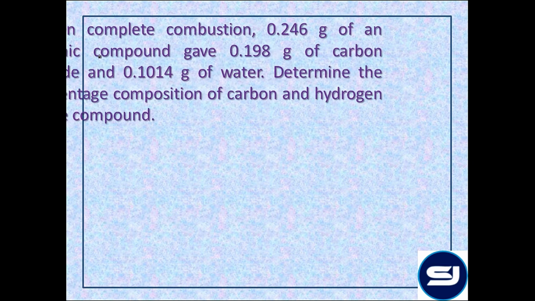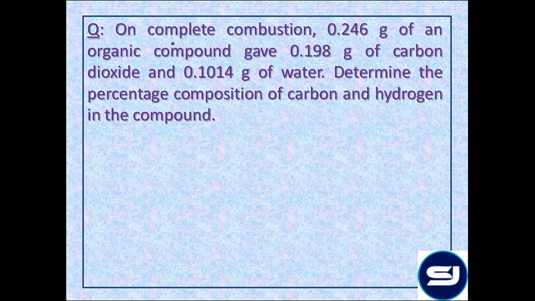Now let's have a look at an example related to the estimation of carbon and hydrogen. On complete combustion, 0.246 gram of an organic compound gave 0.198 gram of carbon dioxide and 0.1014 gram of water.